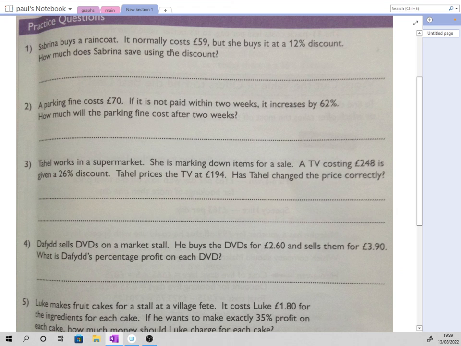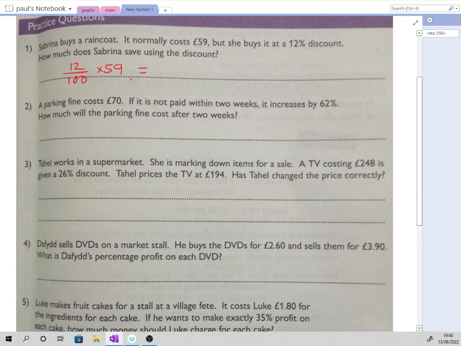Sabrina buys a raincoat. It normally costs £59, but she buys it at 12% discount. How much does Sabrina save using the discount? So all we've got to do is work out what 12% of £59 is. So 12% times 59, and that will tell us what it is.